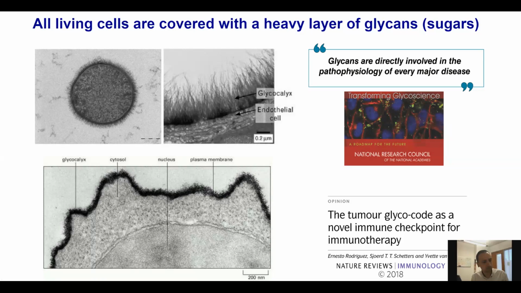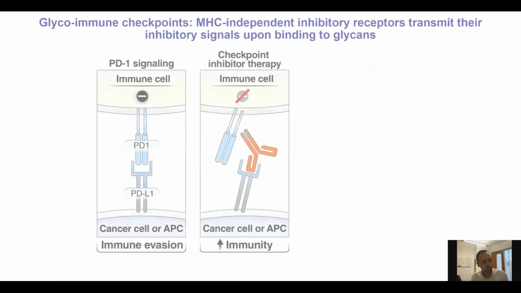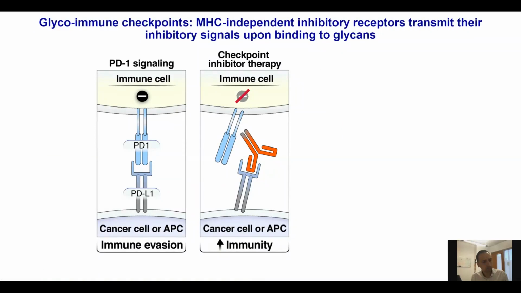In fact, there is much important work being done on cancer related to glycobiology that you definitely need to check out, but not as much in infectious diseases, including virology. That's why today I want to give you an example of how glycans can modulate immunological functions during viral infection. In particular, I will focus on something called glyco-immune checkpoints.